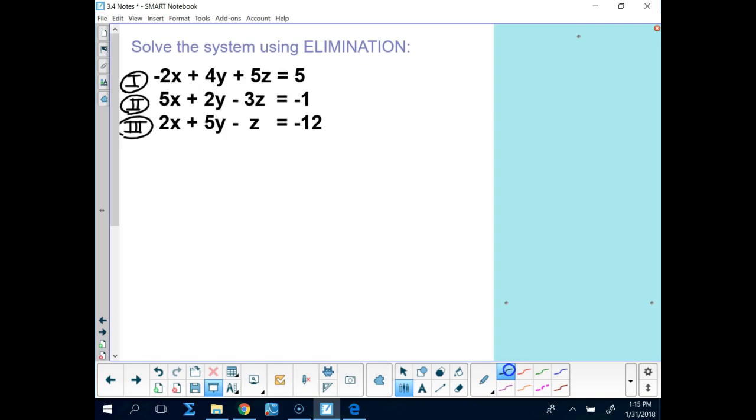Just gives you a little more organization. So, my first step is going to be, I need to pick a variable that I want to eliminate. My choices are x, y, or z.